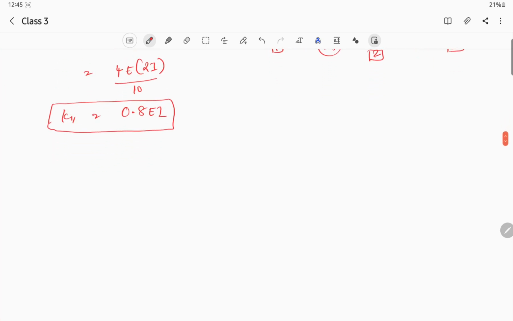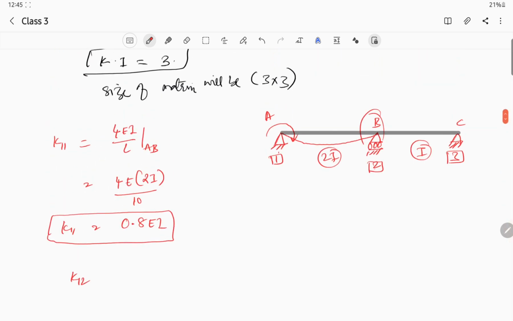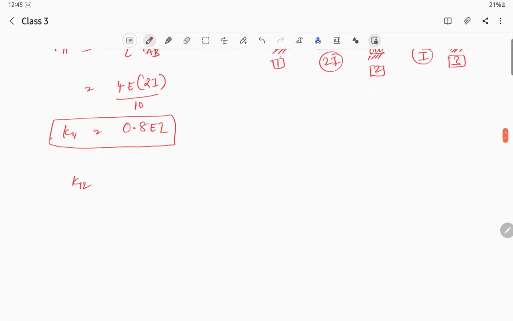What about K12? At this location there is a rotation, but at this other point we don't have any rotation. So what will happen to K12? K12 will be equal to 2EI by L for span AB or BA.